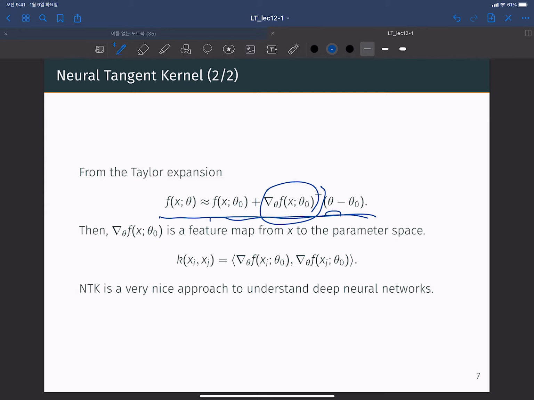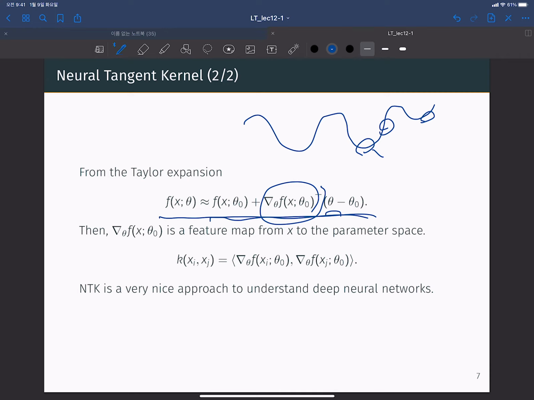When this distance, theta minus theta 0, is very tiny. So even this wiggly function, when you zoom in this part, any part, when you zoom in a lot, then the function looks like linear. Of course, if the function is continuous.